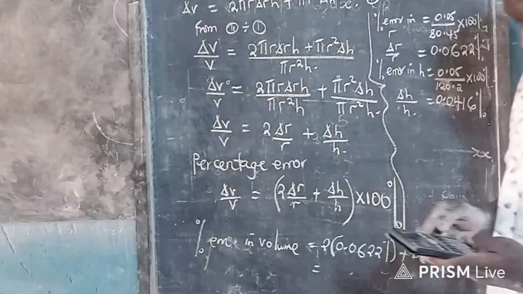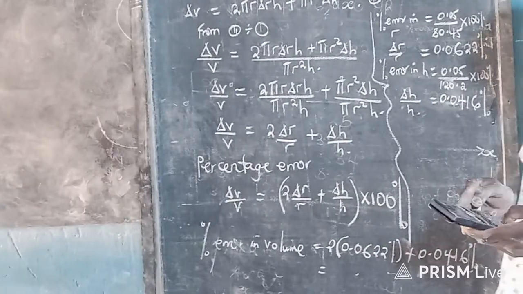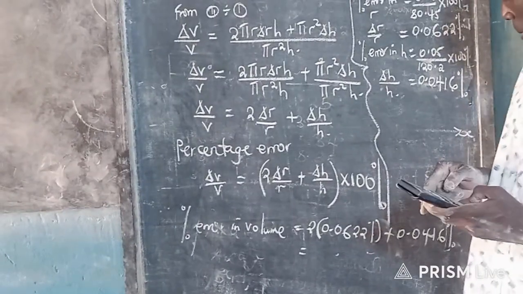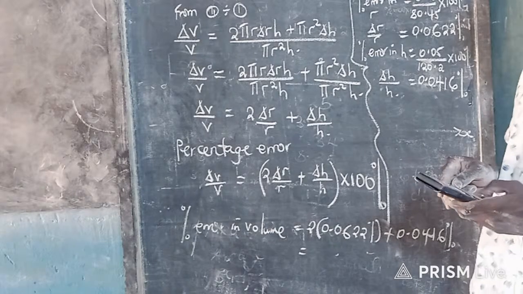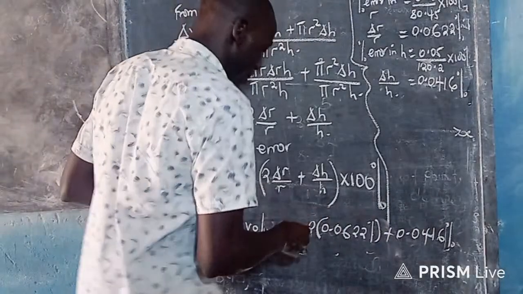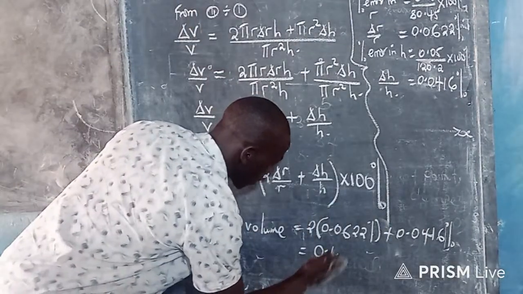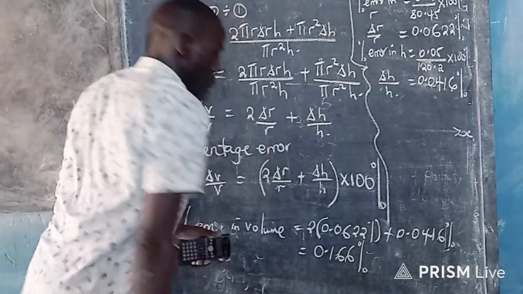So it is 2 times 0.0622 plus 0.0416. When you look at here, the value obtained is 1.66%.